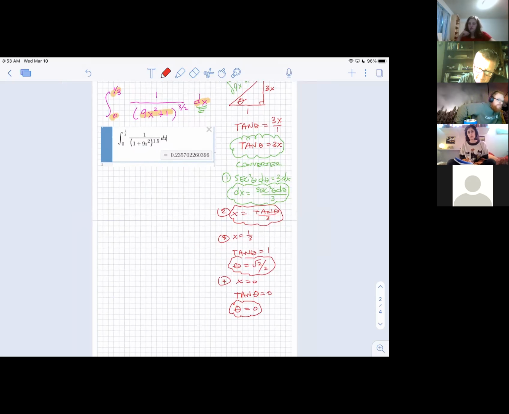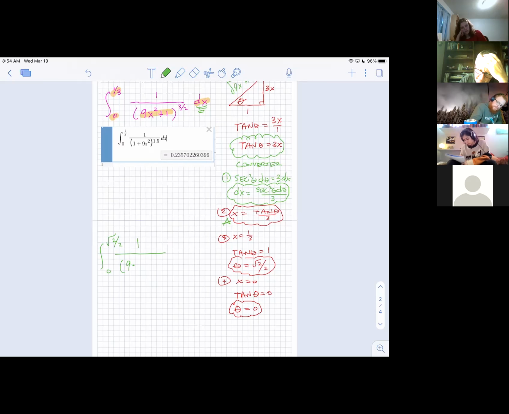So now we're saying that it is no longer the integral from 1/3 to 0, but rather the integral from the square root of 2 over 2 to 0. It's kind of interesting that 0 stayed 0, isn't it? And then I have 1 over 9 times x squared plus 1, where we said x was the tangent of theta over 3.